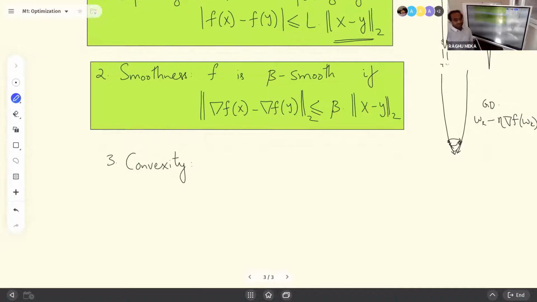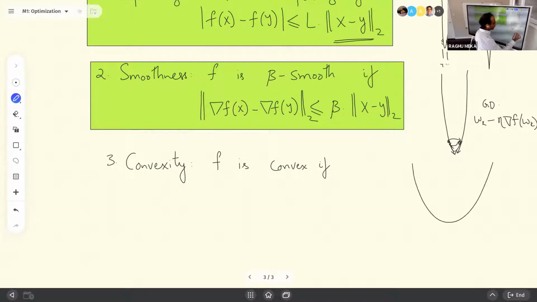It's a very, very important concept, and hopefully some of you have already seen it in some form or the other. And you'll say that f is convex. Right? So when is a function convex? Basically, if I look at the curve of the function, then the chord joining any 2 points is always above the curve in between. Okay?